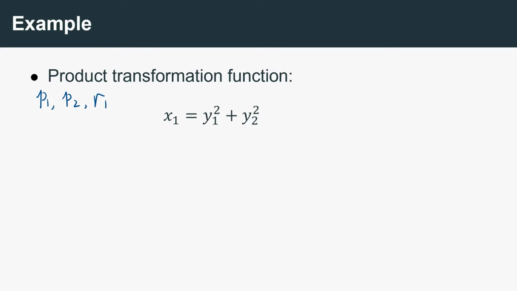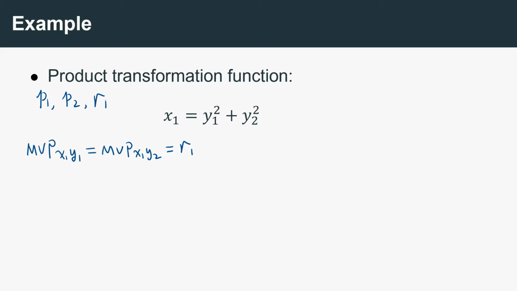First things first, where do you start? You start with the profit maximization optimality conditions, right? What are the optimality conditions? MVP X1, Y1 equals MVP X1, Y2 equals R1. That's your optimality condition.